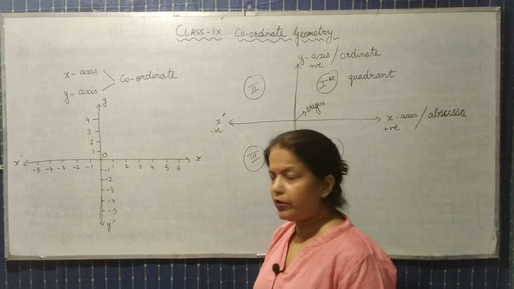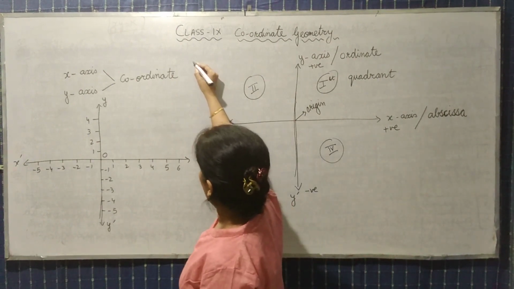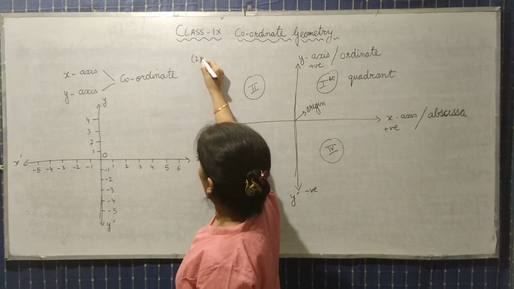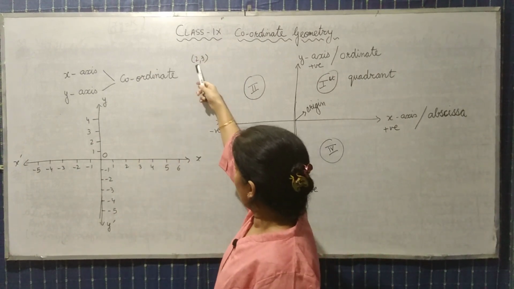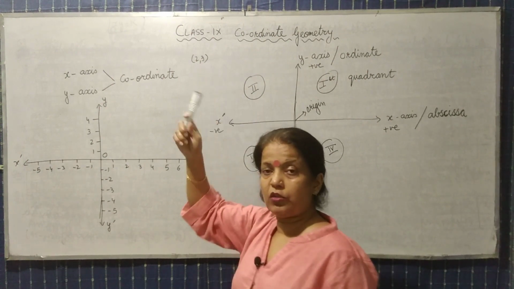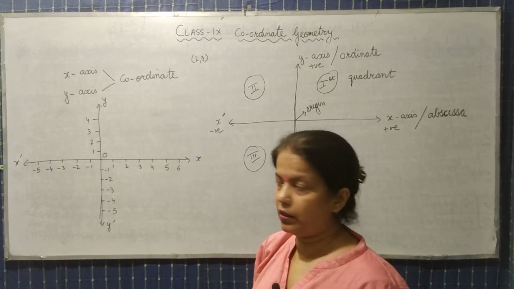Suppose that the first coordinate is 2 and 3. 2, 3. ये देखो दोनों मिलकर x and y axis दोनों मिलकर कोऑर्डिनेट कहलाता है.